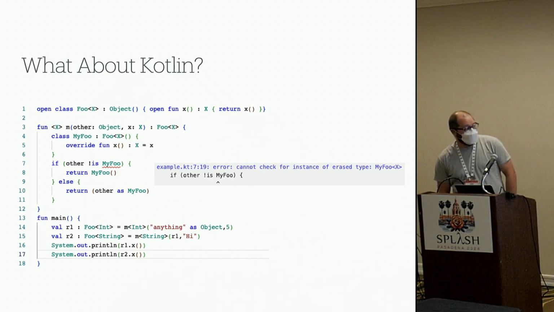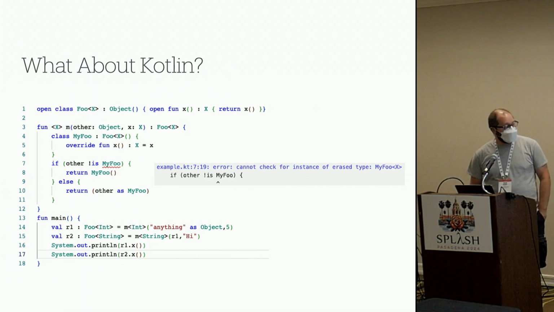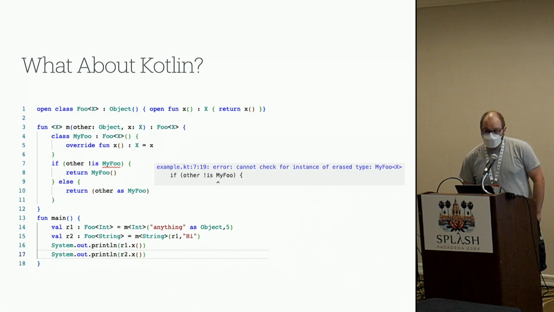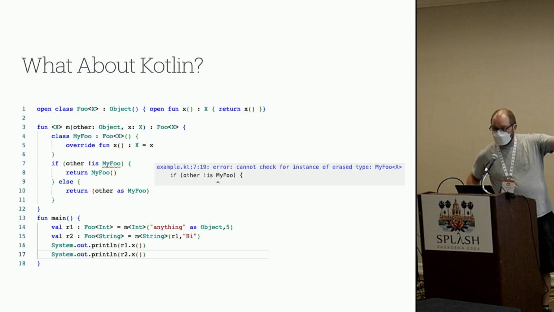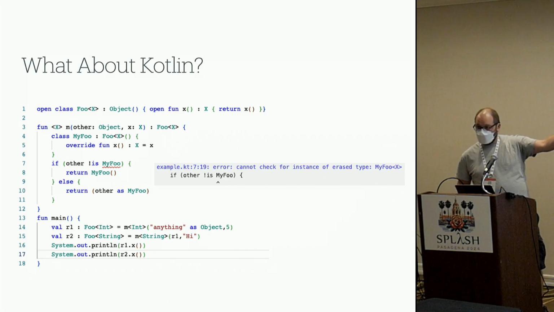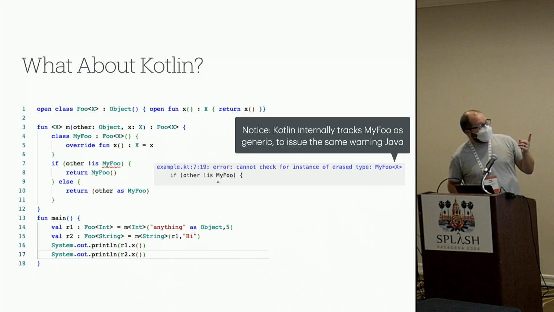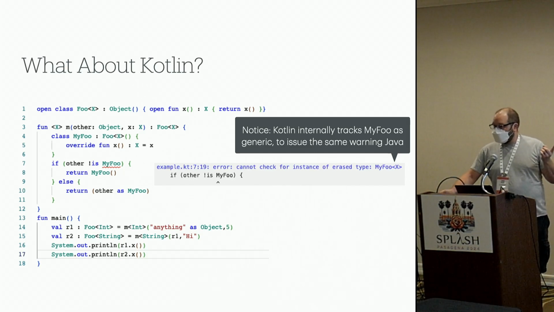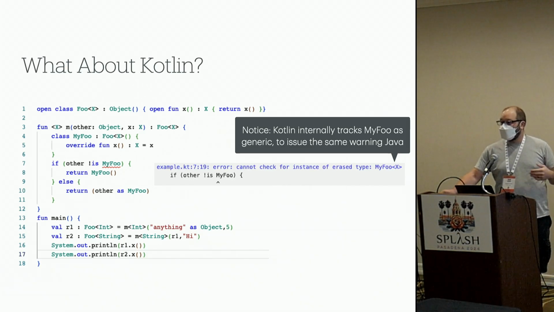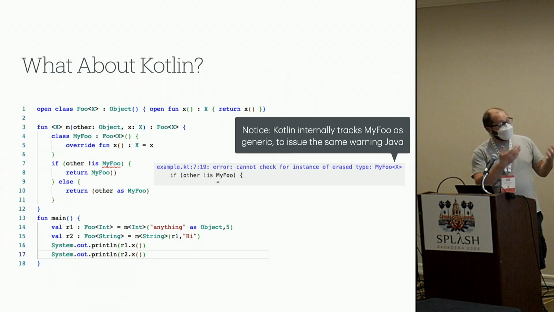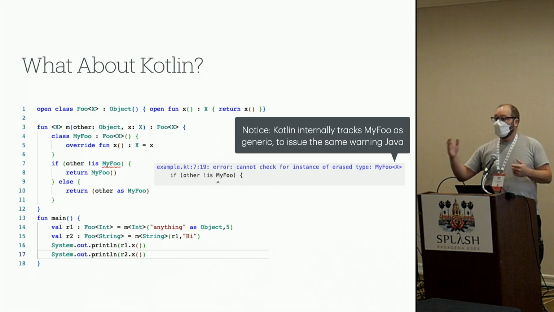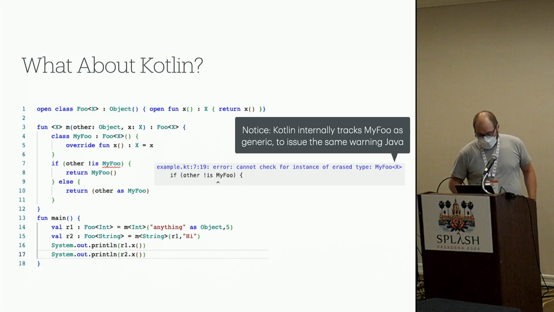It says error: cannot check for instance of erased type MyFoo<X>. And this is interesting because we didn't declare MyFoo as explicitly generic. We did exactly what we do in Java. But Kotlin caught on, hey, there's a dependency here on this method parameter. So Kotlin actually seems to track this internally, as do newer versions of Scala, and notice, hey, this has a dependency. We need to at least give a warning.